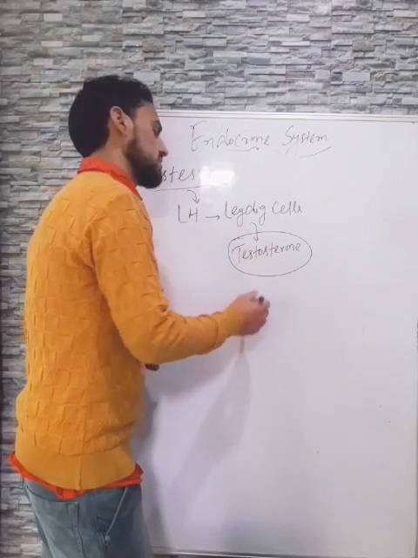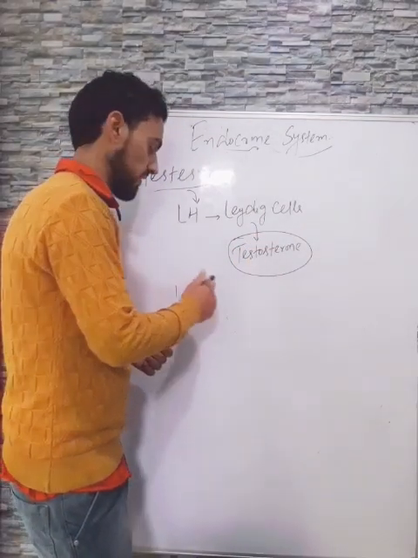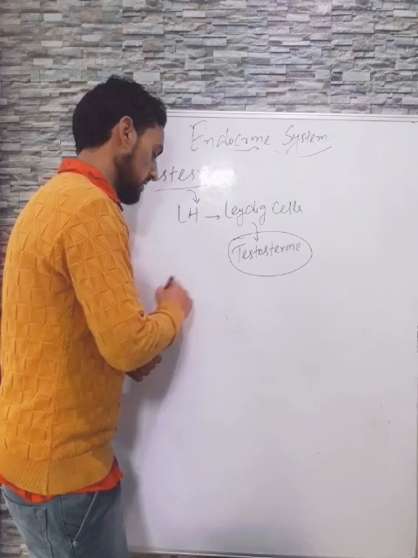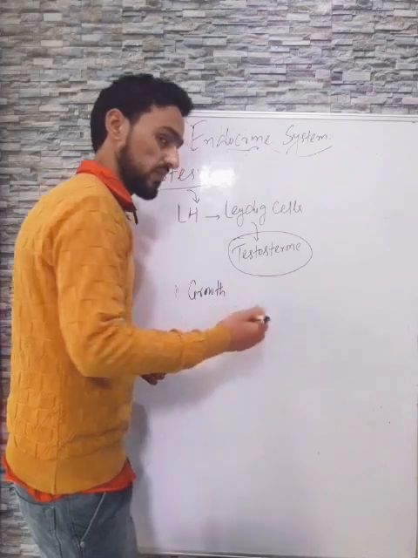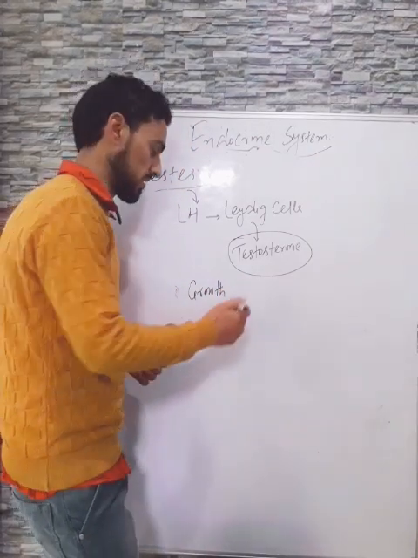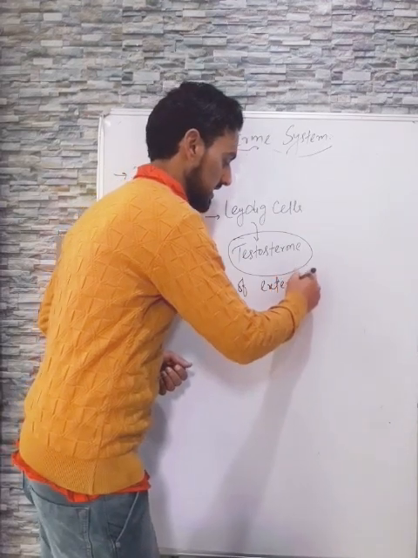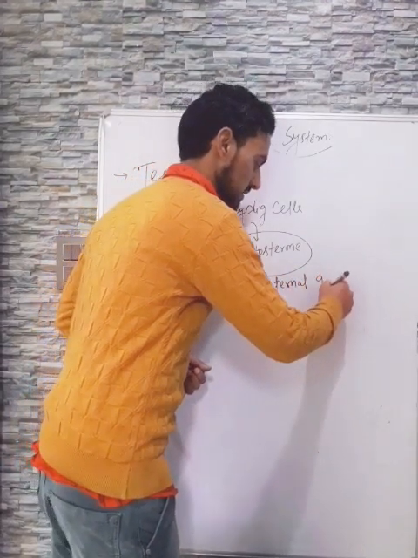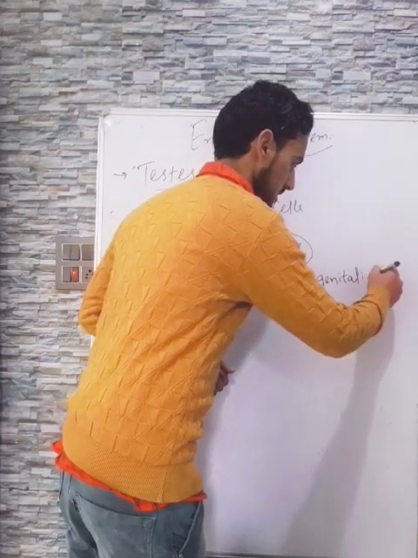And what is the function of testosterone? In the developing male fetus inside the womb of the mother, it helps in the growth of external genitalia. External genitalia means the genital organs which are present outside the body of a male.